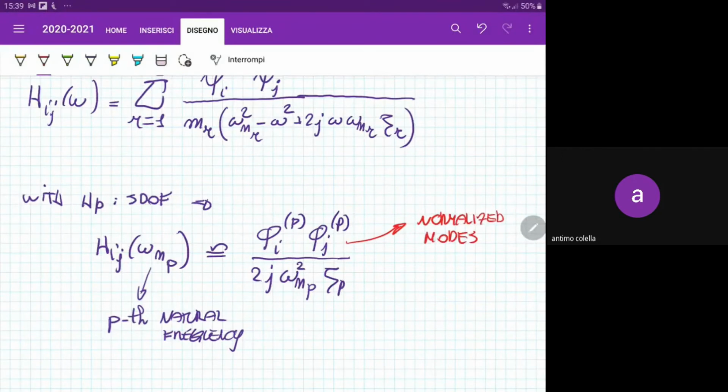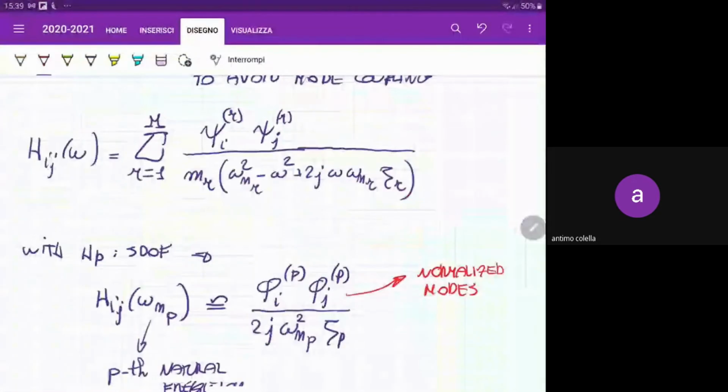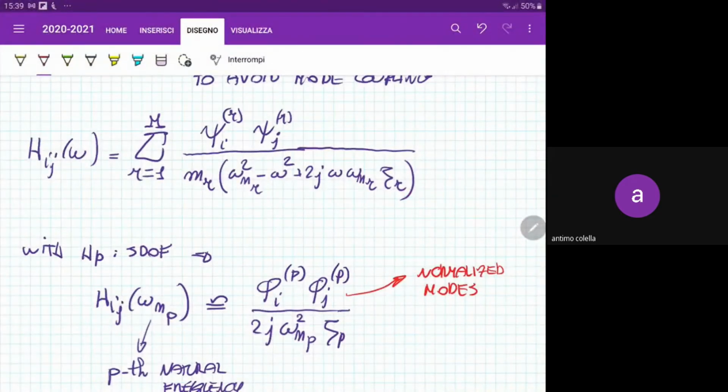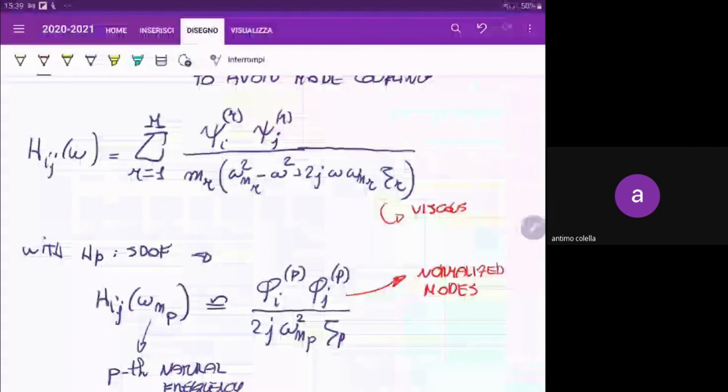And here, viscous damping model, just to be sure.